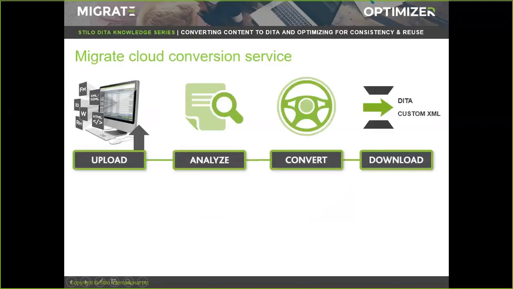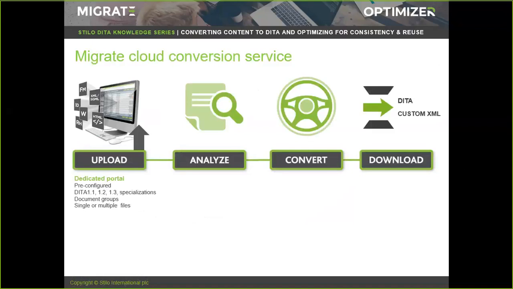When we provide our customers with a Migrate conversion portal, we pre-configure that portal. We give them a dedicated portal, and we pre-configure it with conversion rules based upon sample content that you've provided us with. So we can set up a portal to handle DITA 1.1, 1.2, 1.3.